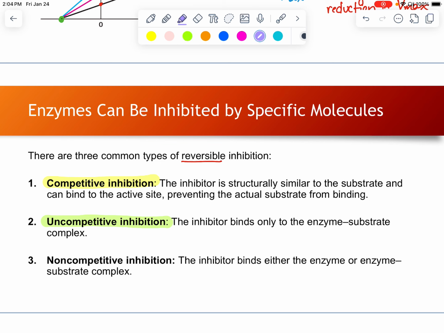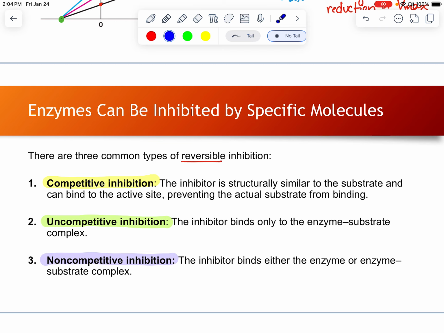We will also talk about non-competitive inhibition. In this case, the inhibitor doesn't care. It can bond to the enzyme alone, or the enzyme substrate complex, right? It's not picky. So it can bond before or after the substrate has bound. We're going to look at pictures of each of these.